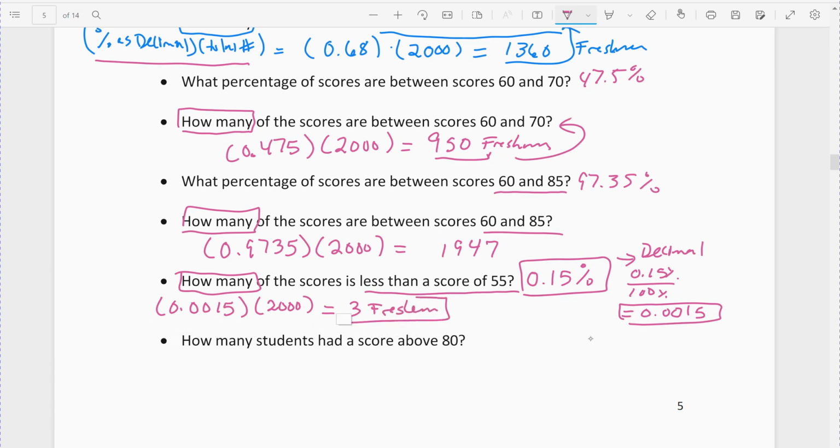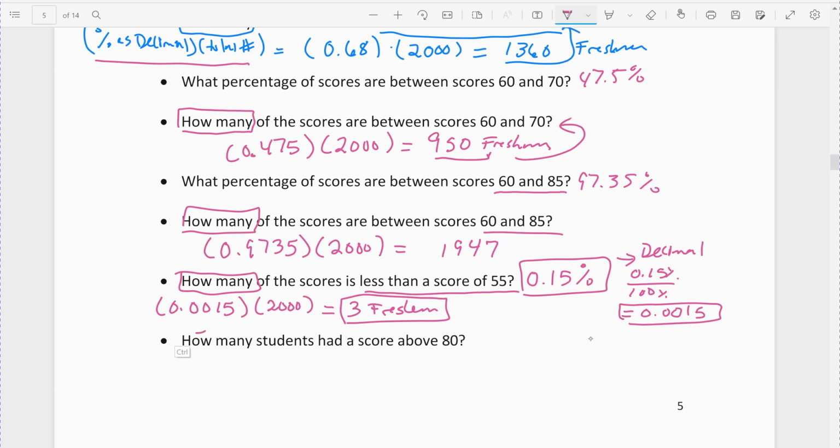Only 3, and it should be small, right? Check your answer: take 3, divide by 2,000, it should come out to 0.15%. Very few of the freshmen scored less than 55%, only 3 of them. So again, it's a small outlier.